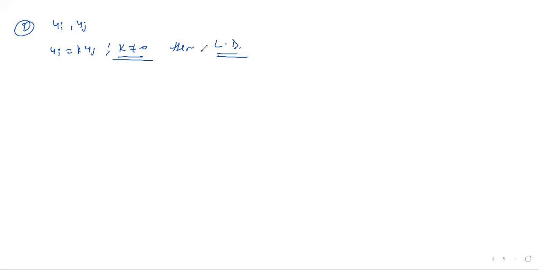How? Let's see this. Let's give them a value: u1 equals k u2. Now I can define it like this: u1 minus k u2 plus 0 u3 plus 0 u4 up to 0 un.